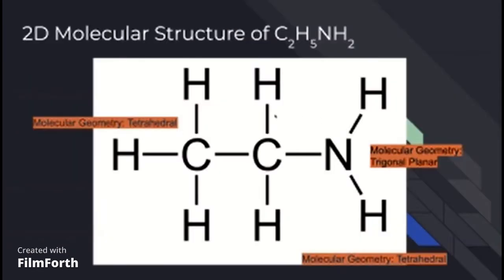The middle carbon's molecular geometry is also tetrahedral because it has 4 bonds between 2 hydrogens, the C, and the nitrogen. And the nitrogen has a molecular geometry of trigonal planar.